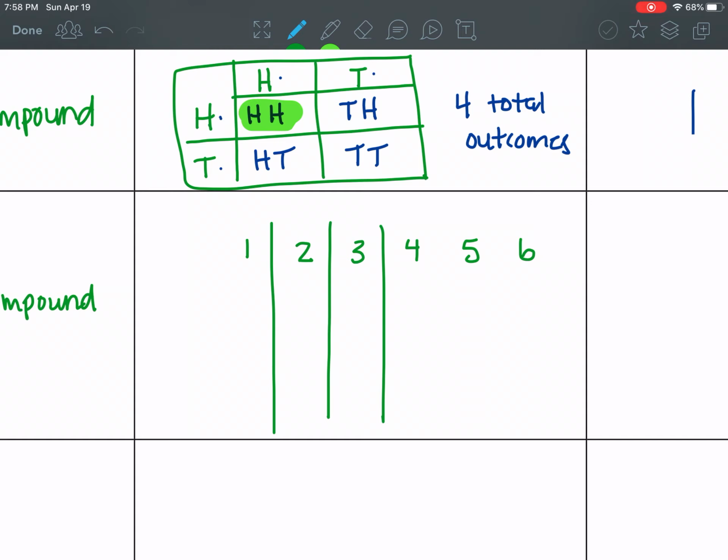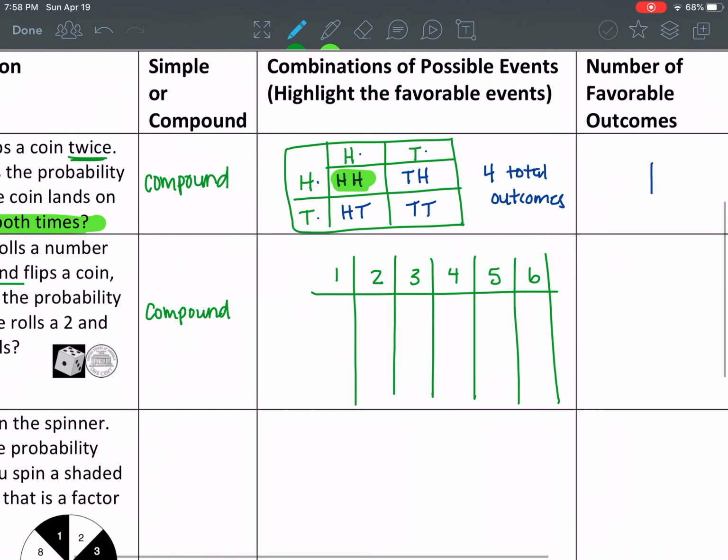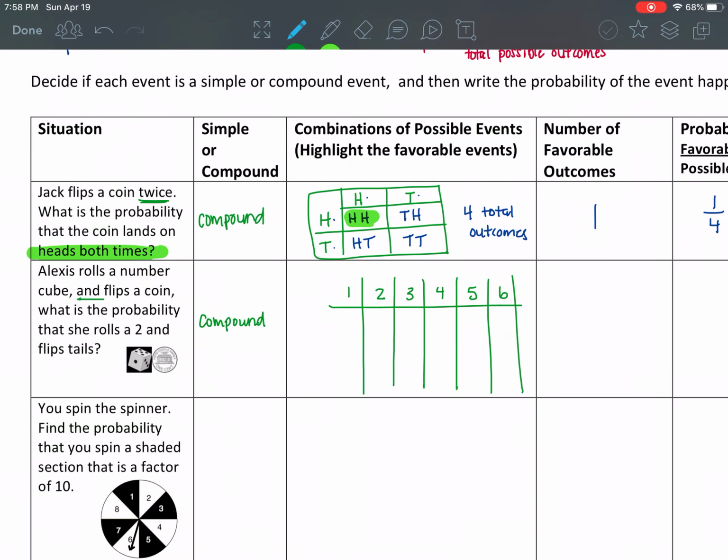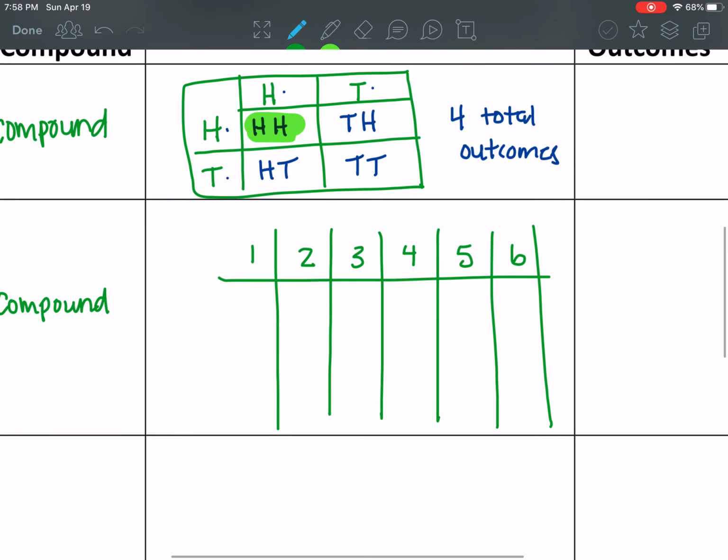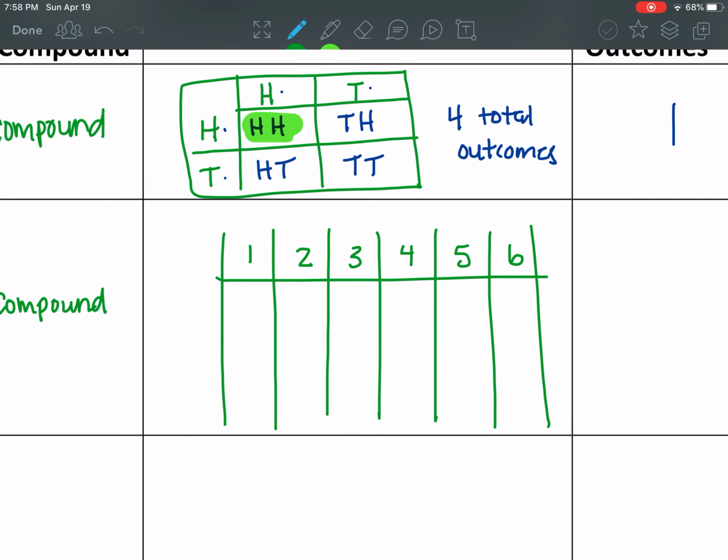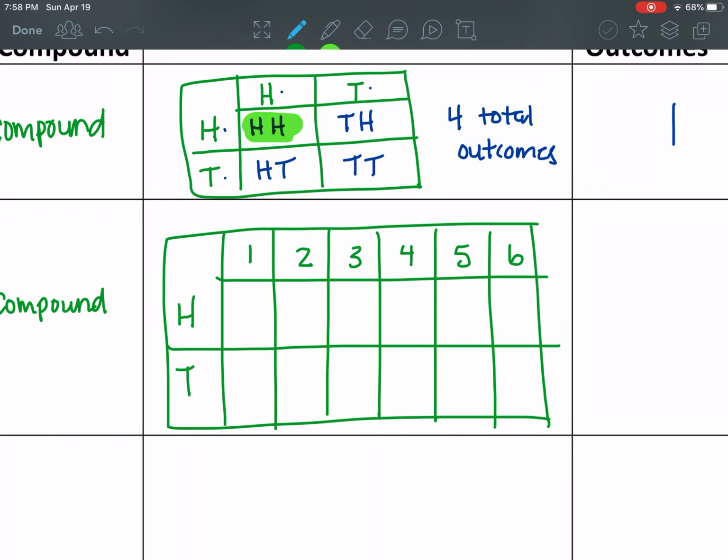All right, the second thing then, I'm creating my table, is flipping a coin. So if we flip a coin, well, then on the side here, we could either flip a heads or a tails. And then we can create our full table here.